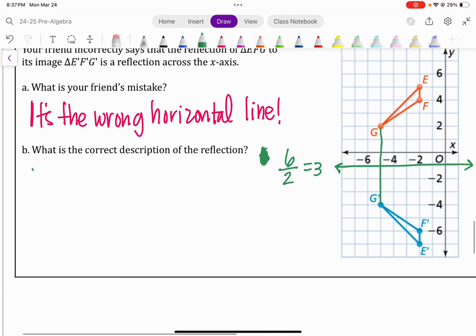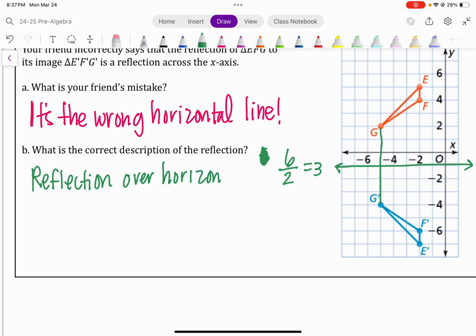So it's a reflection over the horizontal line of y equals -1.